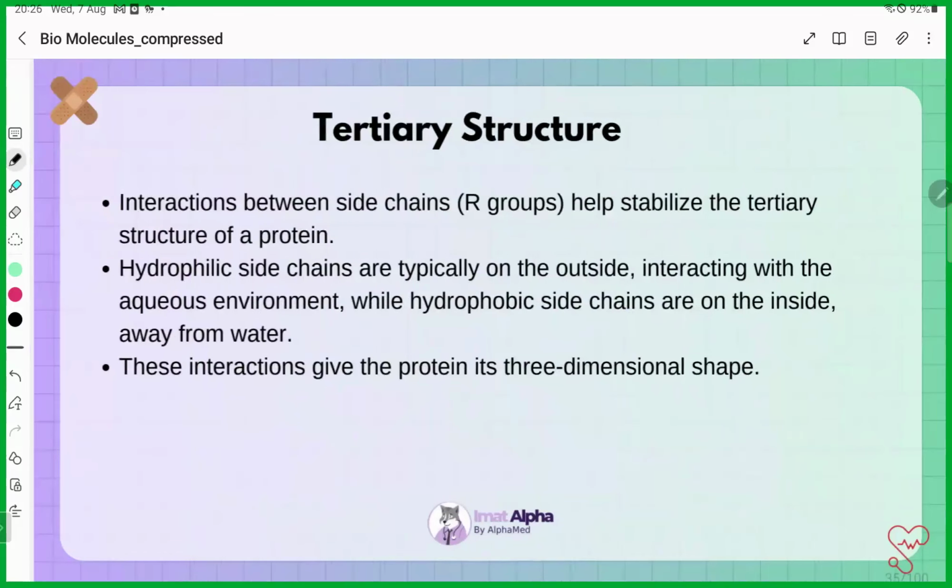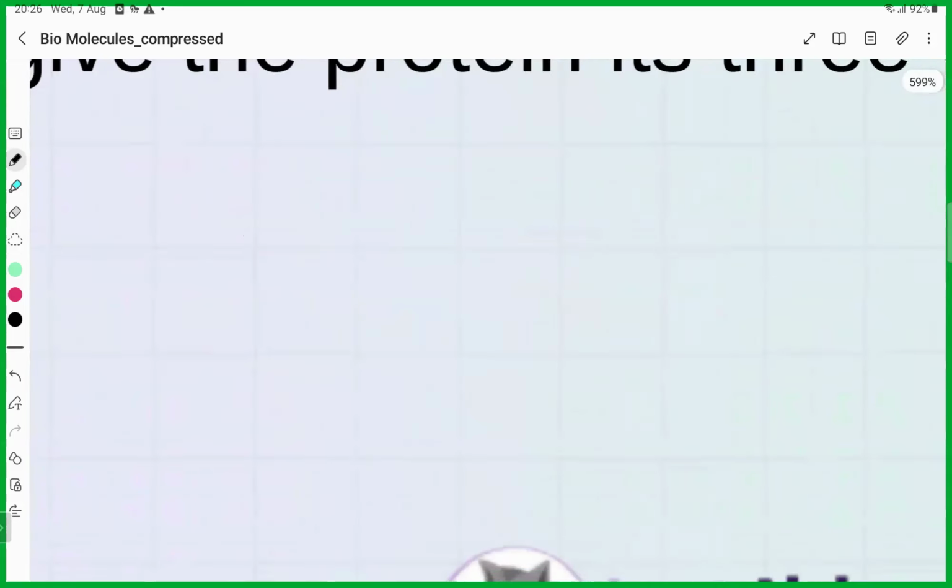Tertiary structure: interaction between side chains. R groups help stabilize the tertiary structure of proteins. Hydrophilic side chains are typically on the outside, interacting with the aqueous environment, while hydrophobic side chains are on the inside, away from water. You should also know that in our body, even the cell membrane of any cell in our body consists of a hydrophilic side and a hydrophobic side.